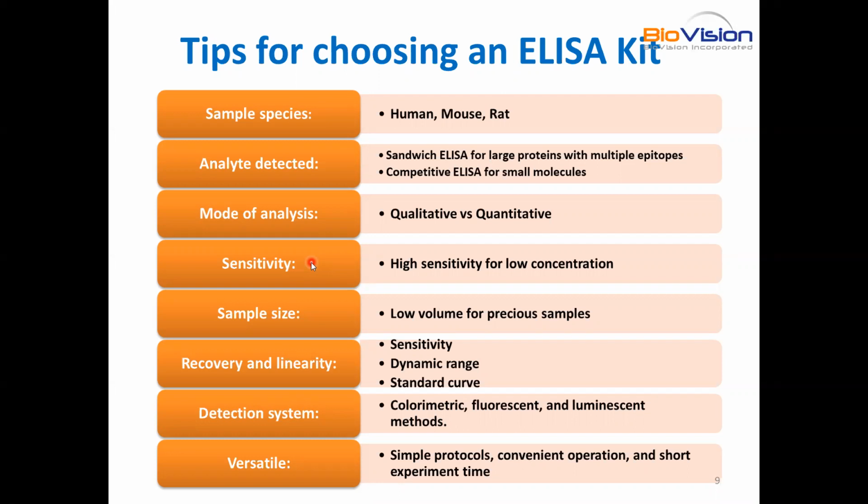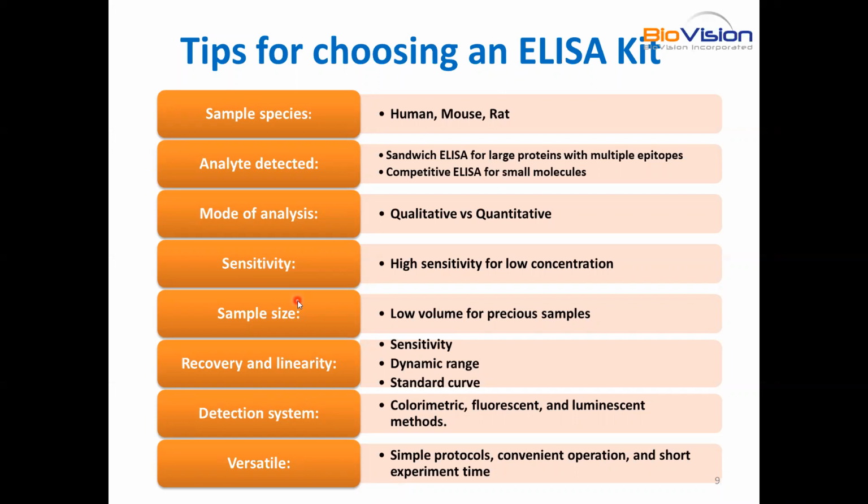On the other hand, if the concentration of the analyte in the sample is very high, then it is always recommended to dilute the sample so that the concentration of the analyte is within the range of the standard curve of the ELISA kit. So the basis is the sensitivity. That means they should look for high sensitivity for low concentration, and they can always dilute their samples if the concentration is very high, so that it can be within the range of the standard curve.